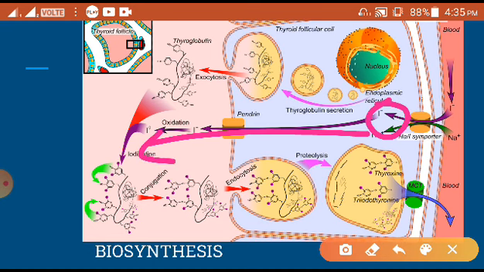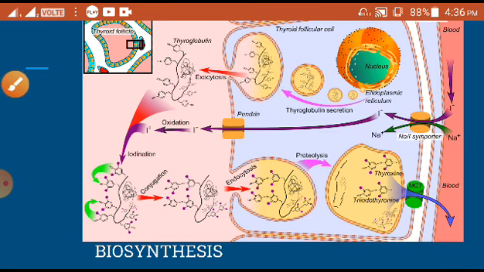Into the lumen, thyroglobulin has already been exocytosed. Here you see in the follicle the thyroglobulin has been formed, and this thyroglobulin has been drained out into the lumen. Thyroglobulin has the tyrosine in it, and that tyrosine helps the binding with the iodine.